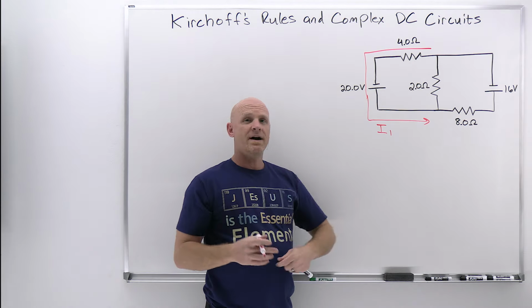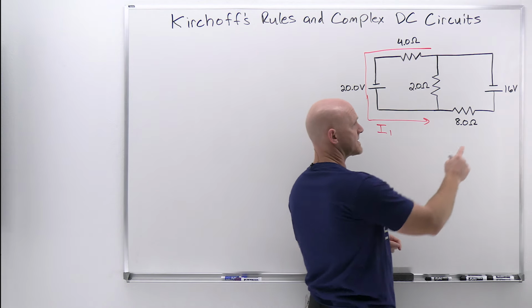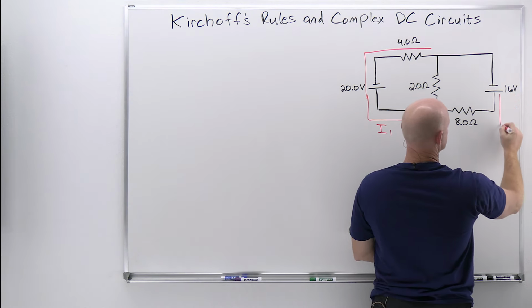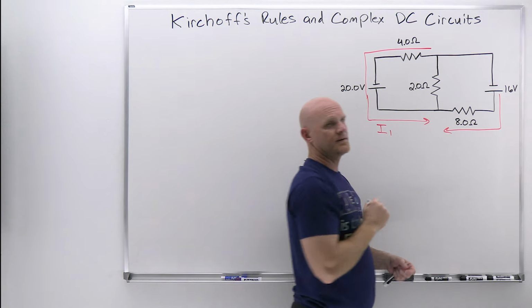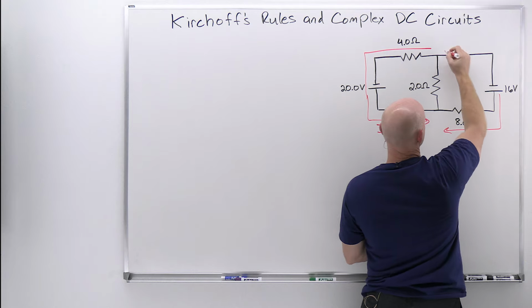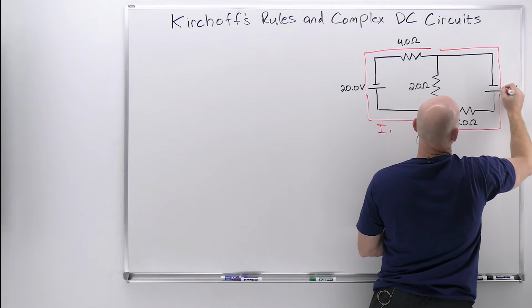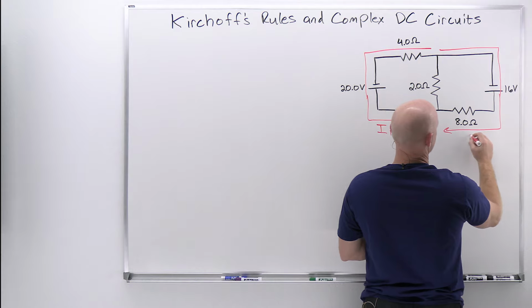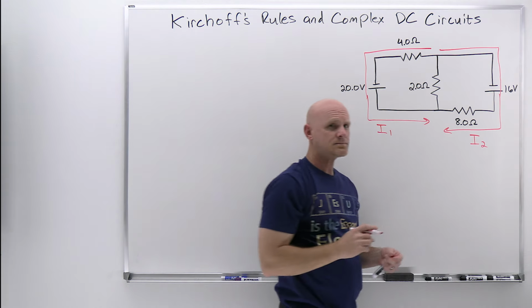All right, next I'm going to go to my other battery. In this case, I would normally see 16 volts and think, from negative to positive, that's likely to flow this way. Again, from junction to junction, it's all the way around that particular part of the loop, from this junction to this junction, and we'll call that I2.